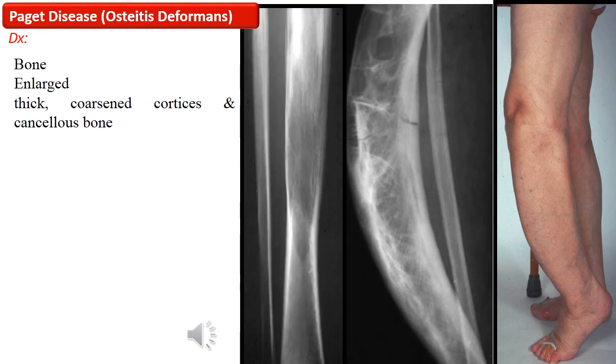This picture is showing the flame sign indicative of active disease, and this flame sign is a wedge-shaped lytic leading edge, and this flame progresses at the rate of about 1 cm per year longitudinally.